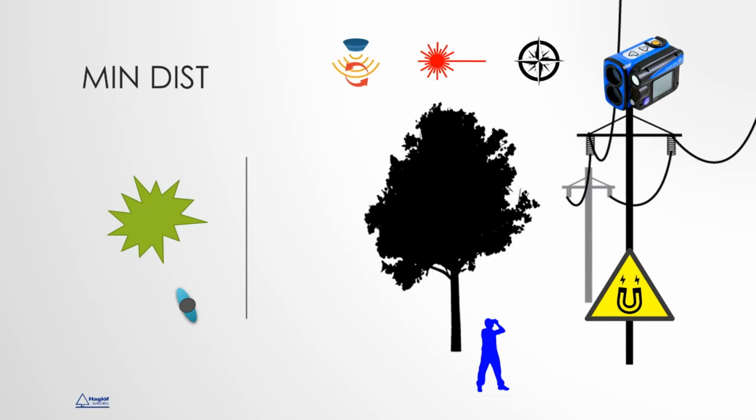I take my first measurement at the left side of the line, the left side of the tree in relation to the line. My second measurement, I measure on the right side, and for each measurement I press send to store that value to the memory.